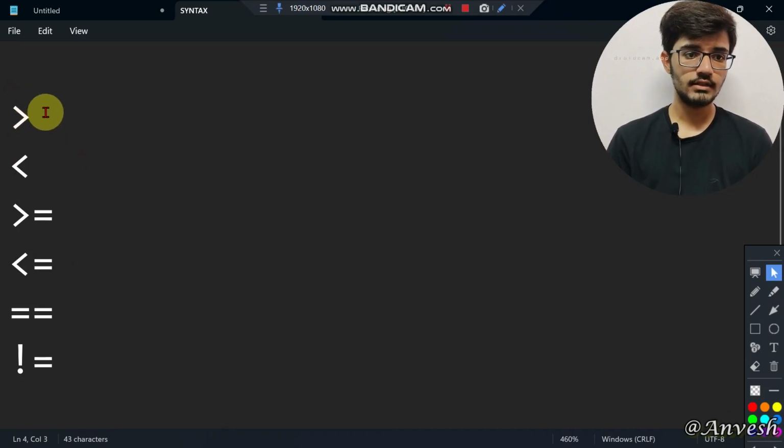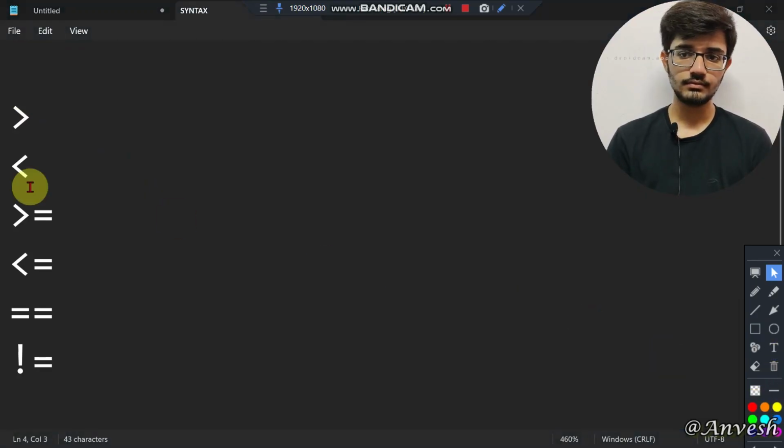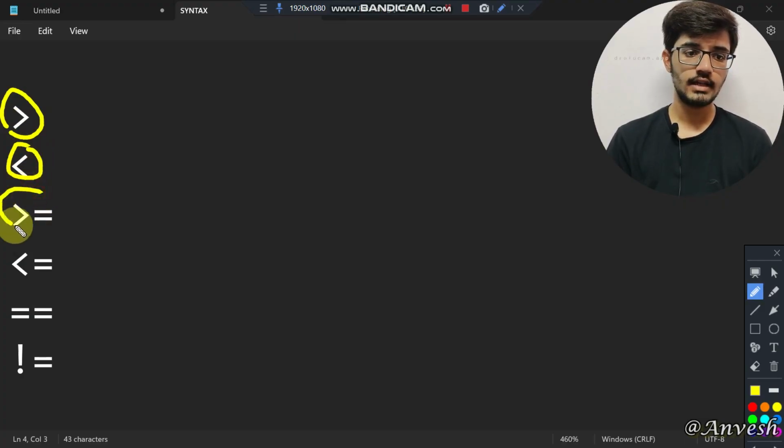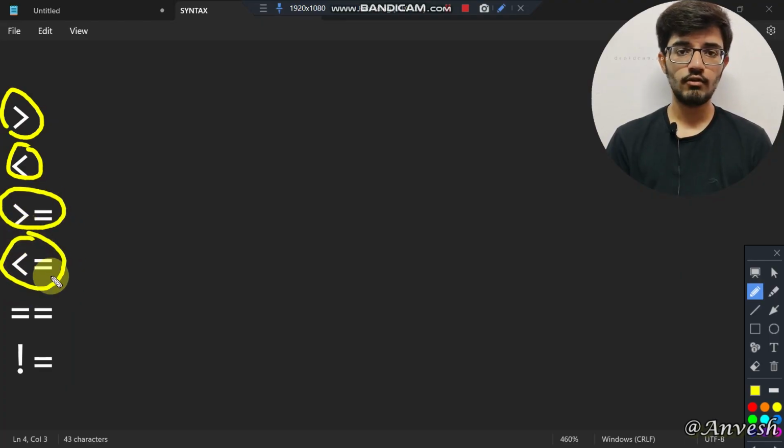So these are the different types of relational operators we have. The first one is the greater than symbol, then the less than symbol, to compare two values, and greater than or equals to, less than or equals to. So what is the meaning of using two equal to symbols?